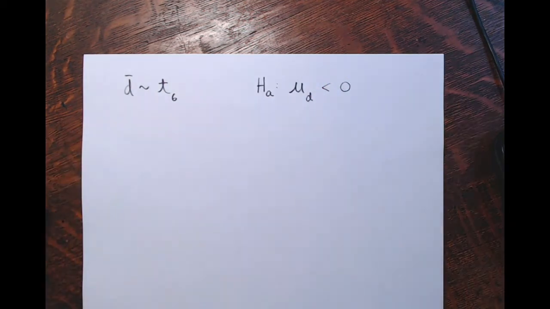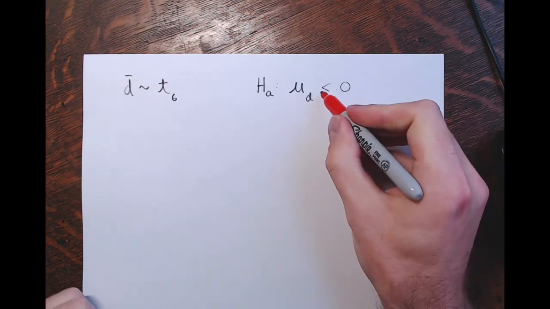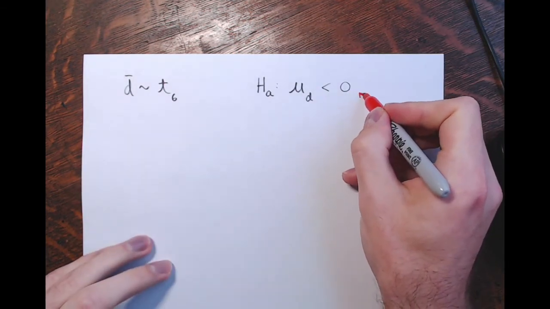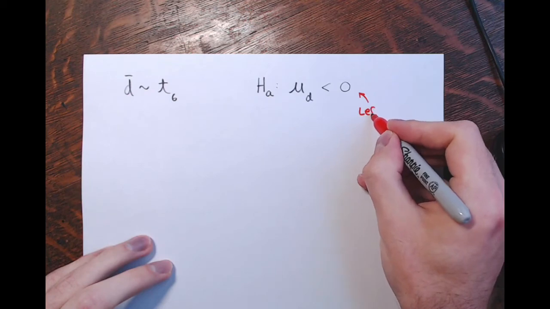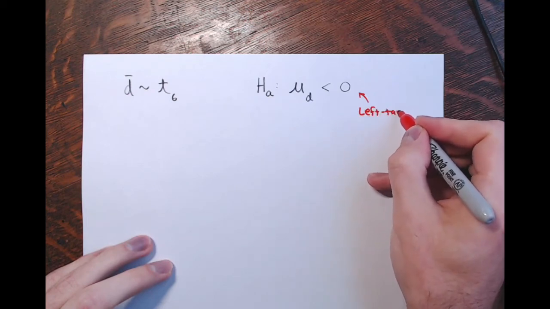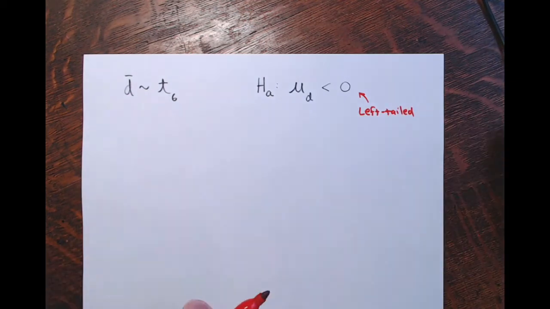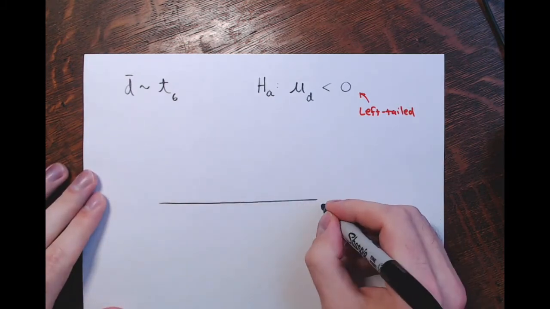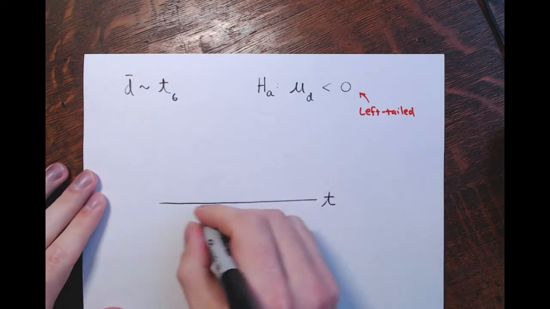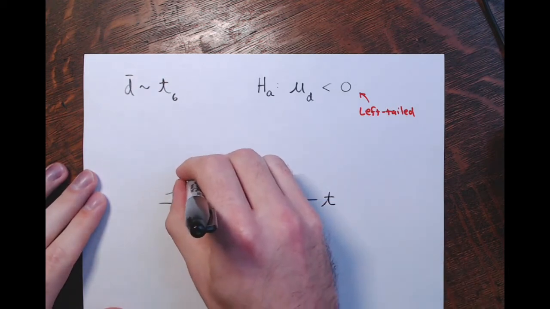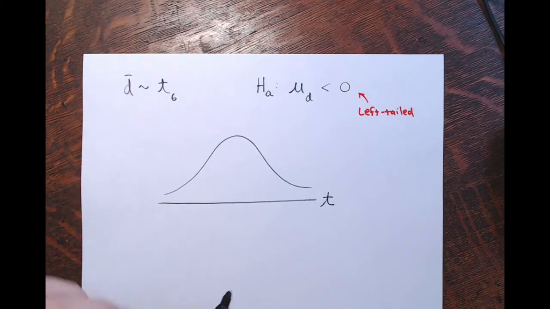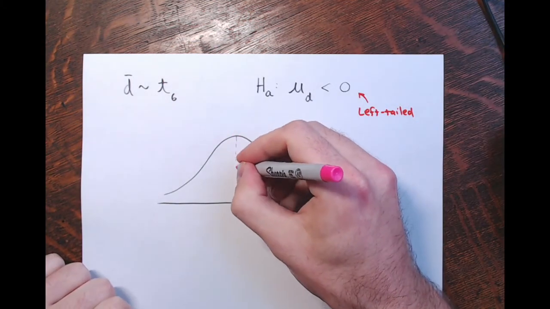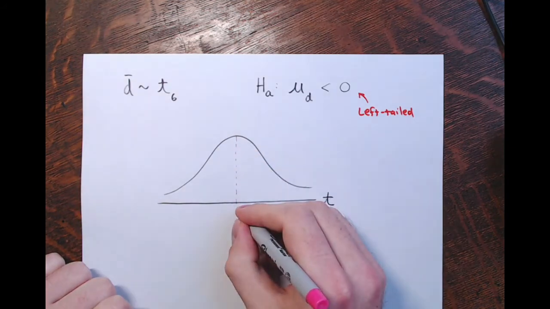And if the alternative hypothesis looks like that, where the parameter is less than a value, that means you're running a left-tailed test. And I'll draw a t distribution here, a student's t distribution, right? So the number line represents t scores. Got a symmetrical bell-shaped curve above that. Underneath the peak is a t-score of 0.